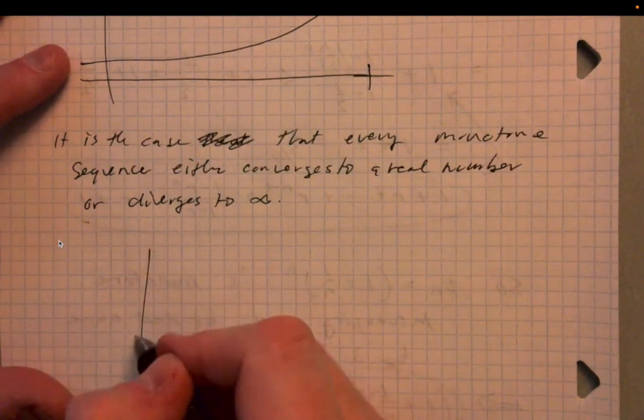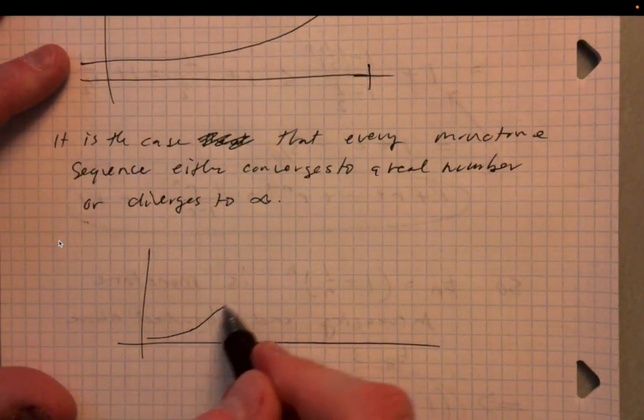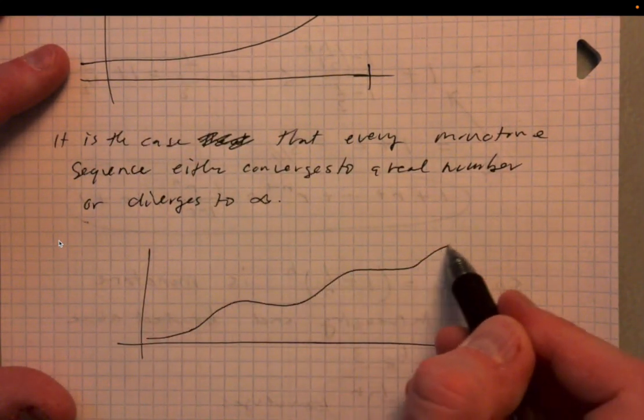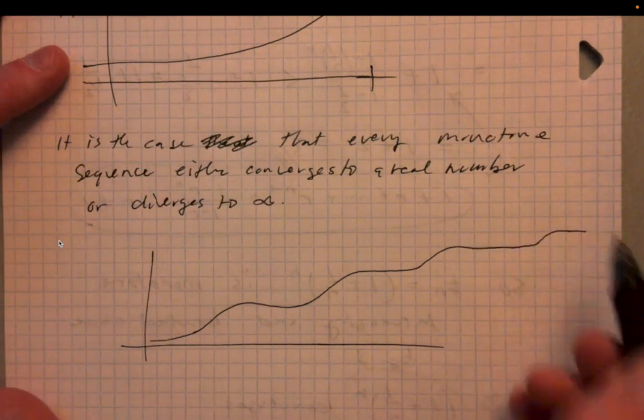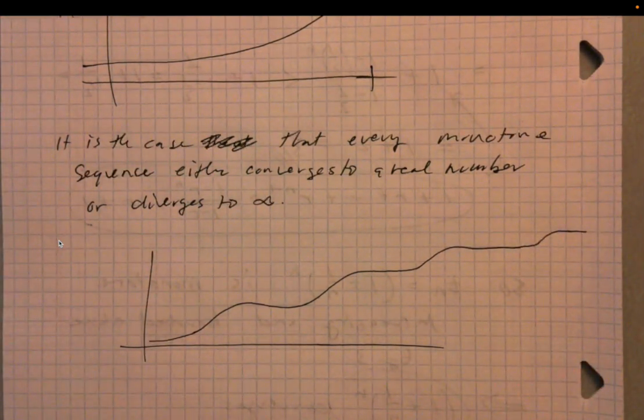Right? If you've got a sequence and all it does is go straight, if it can only level off or increase, then it must either converge, if it's bounded, or, if it's not bounded, it must diverge.